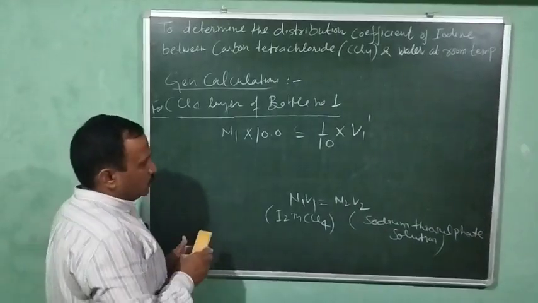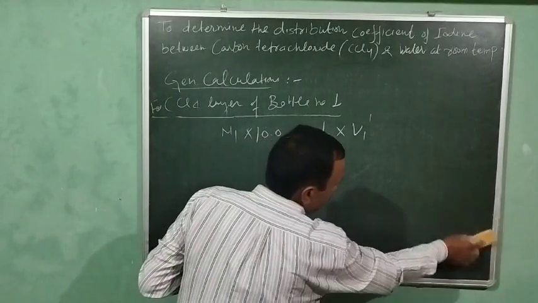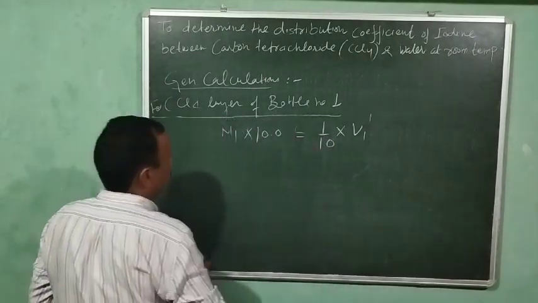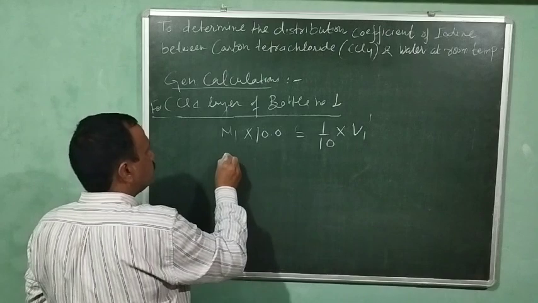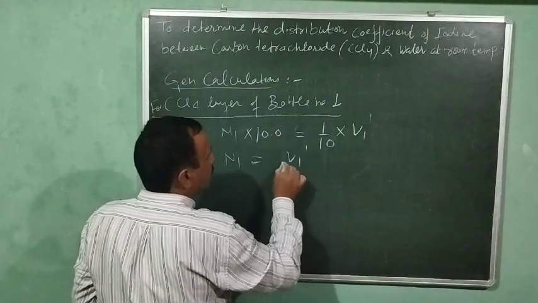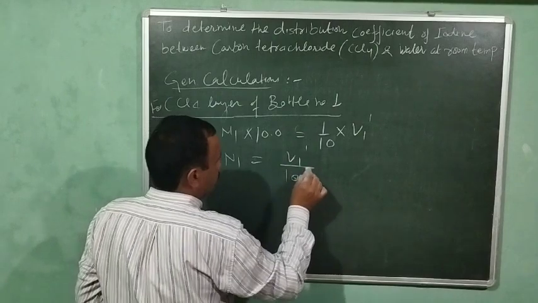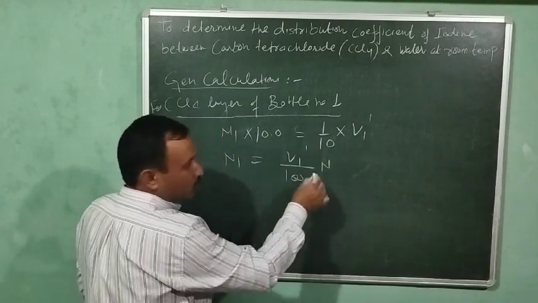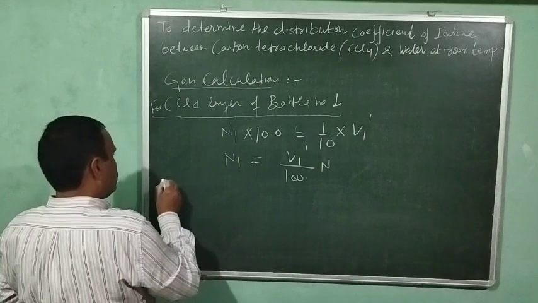Okay, so from here we will calculate the normality of iodine in the CCl4 layer of bottle number 1. So normality will be equal to V1 prime divided by 100 normal.